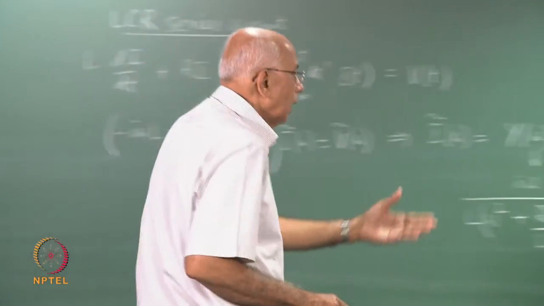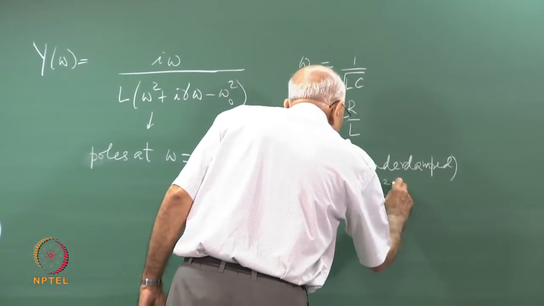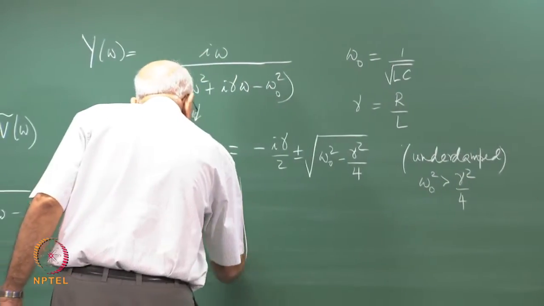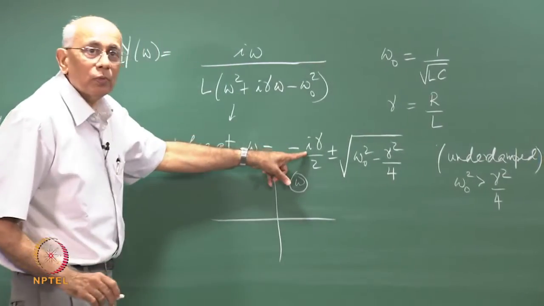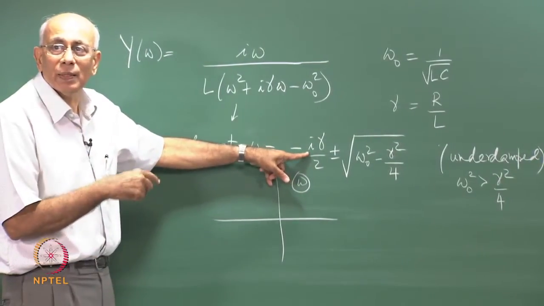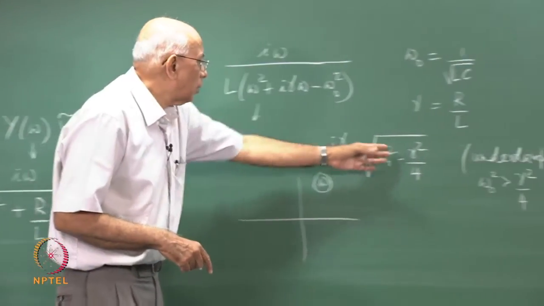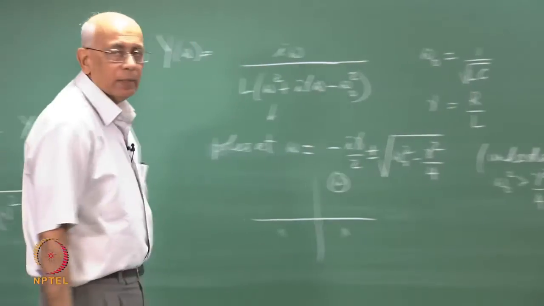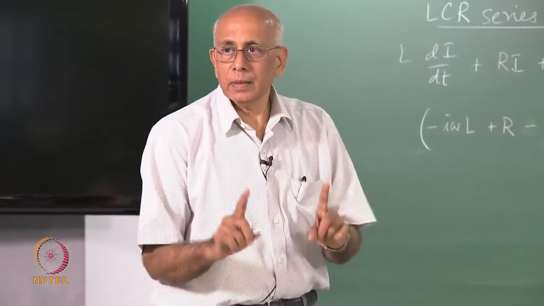Well, if it is underdamped, this implies omega naught squared is greater than gamma squared over 4. So, these poles are going to be at, in the omega plane, minus I gamma over 2. So, immediately you see that it is going to have negative imaginary part and then plus or minus certain things. So, one pole is going to sit here, another pole is going to sit there in the omega plane.